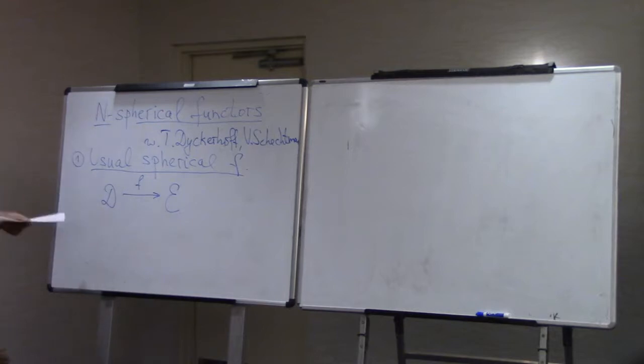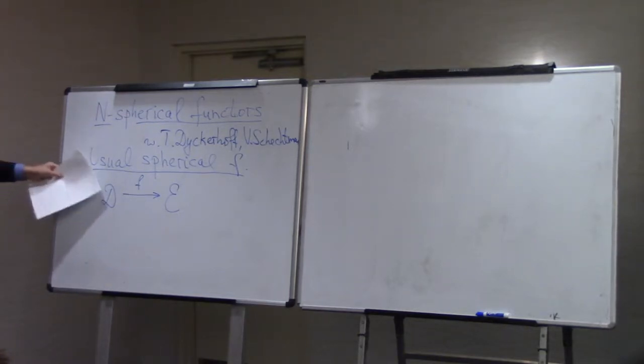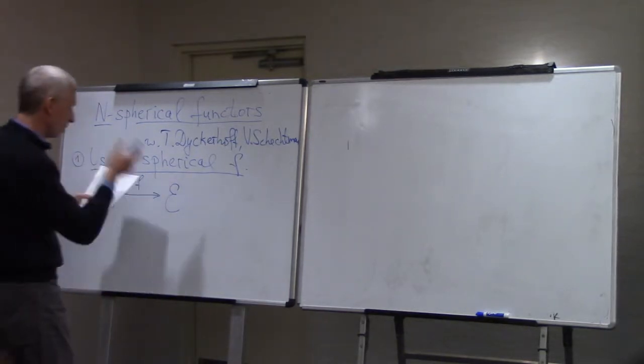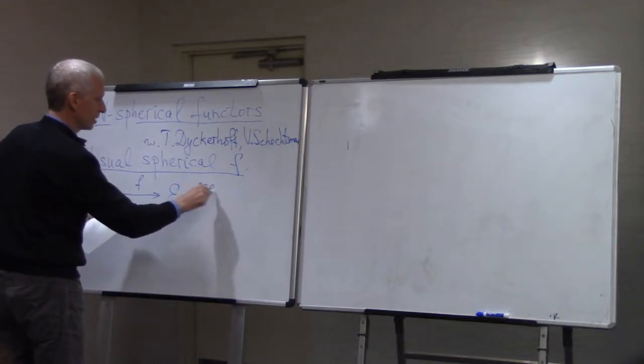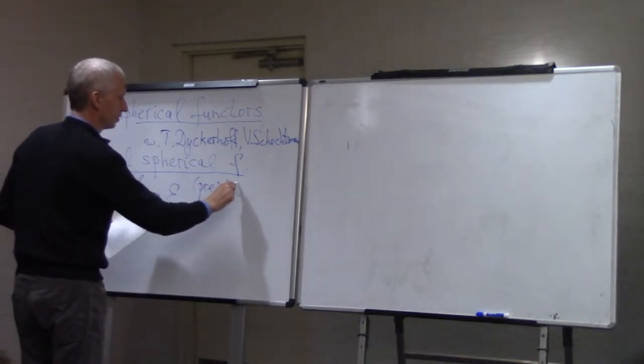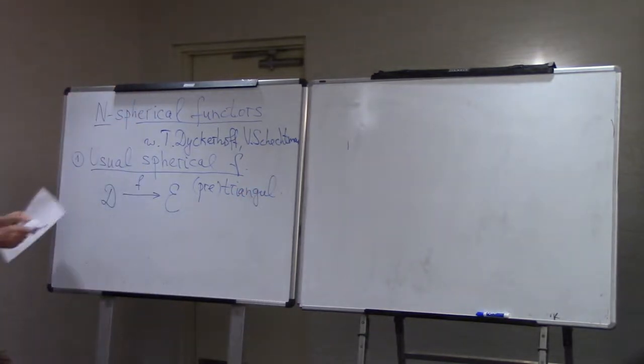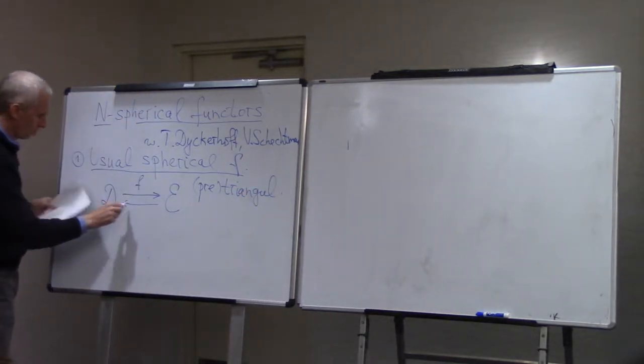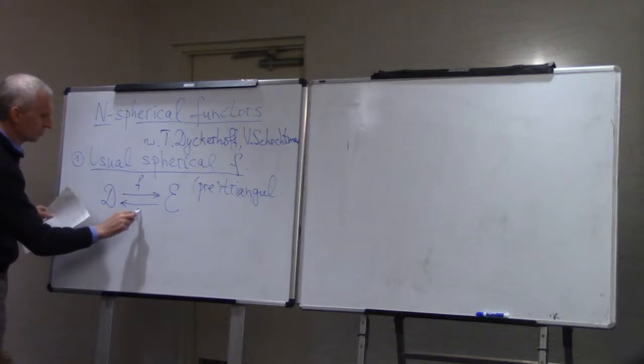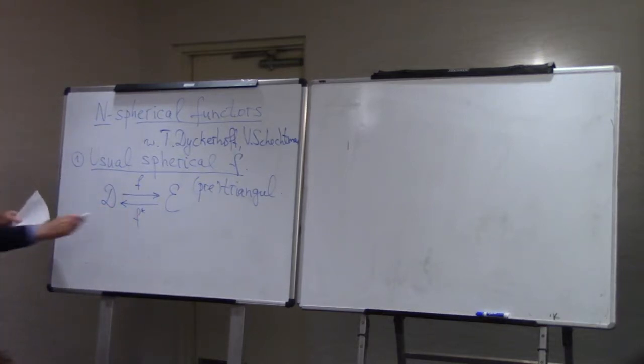More precisely, they should have some enhancement that we call pre-triangulated, some DG enhancement. The functor is exact, and we suppose that it has a right adjoint, F with one star on the right.